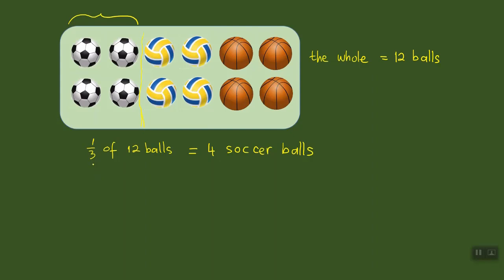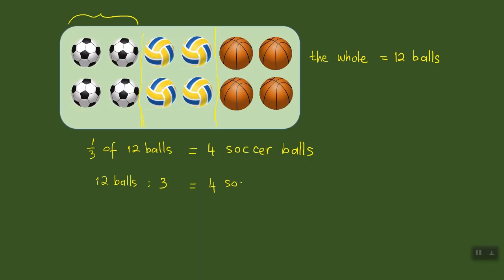So 1/3 of 12 balls is the same as 12 balls divided by 3. 3 groups. Yeah, you can see there are 3 groups. 12 balls divided by 3 is 4.